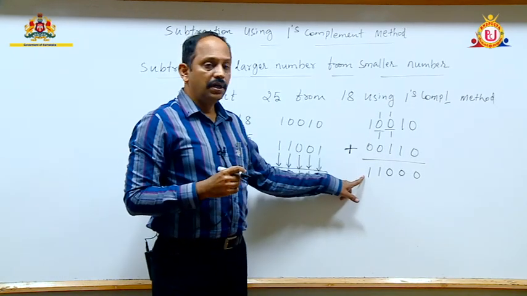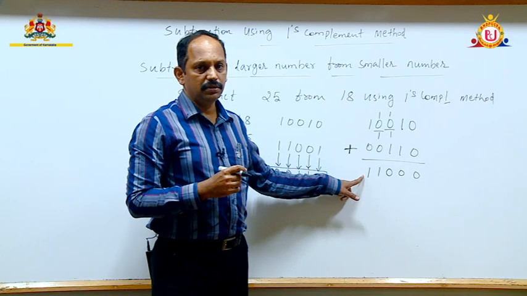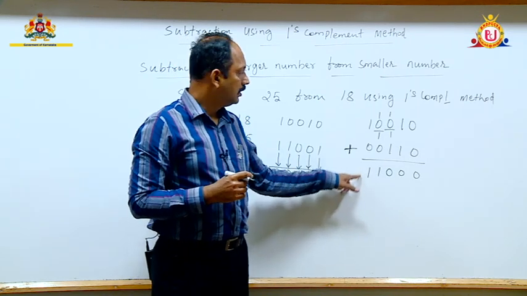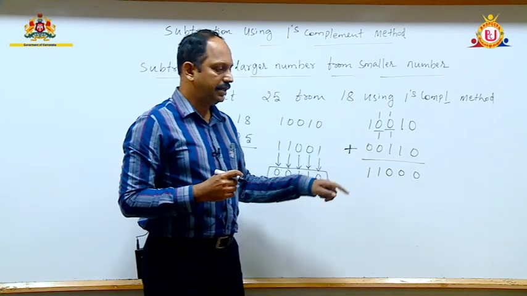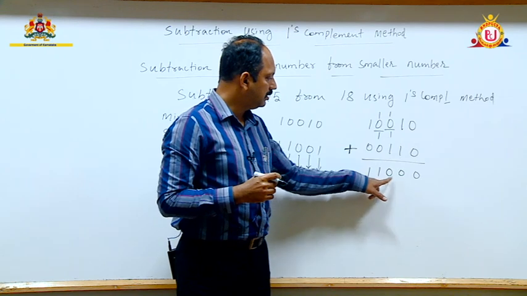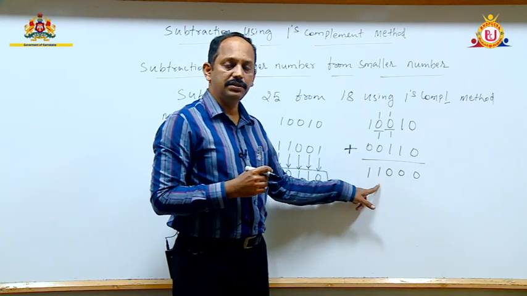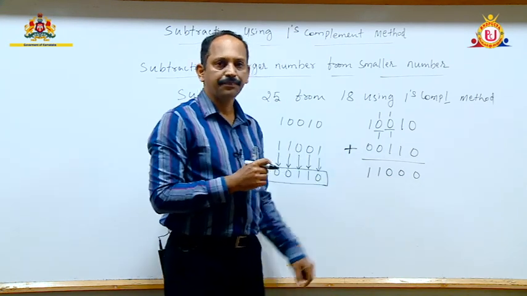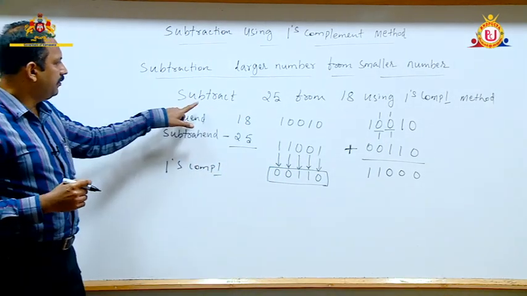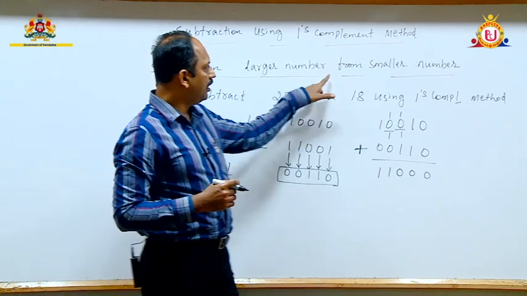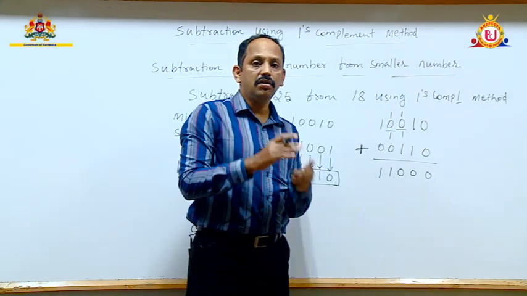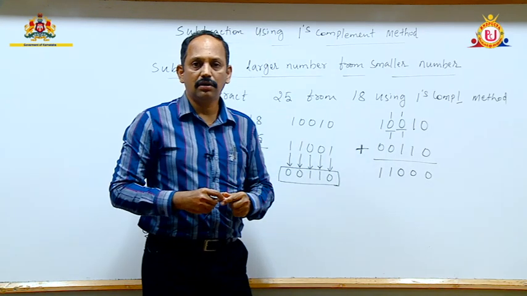Observe here, it did not produce the extra carry bit at the end. The length of the digits was 5, and after the addition, the length is still 5 digits only. So, remember this: whenever we subtract a larger number from a smaller number, the result will not produce the extra carry bit.